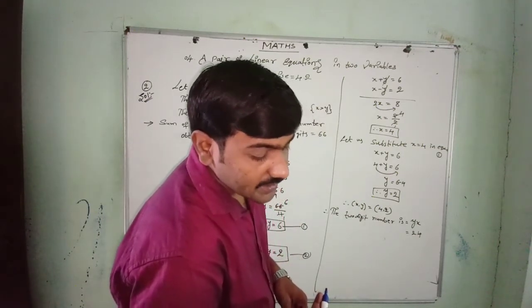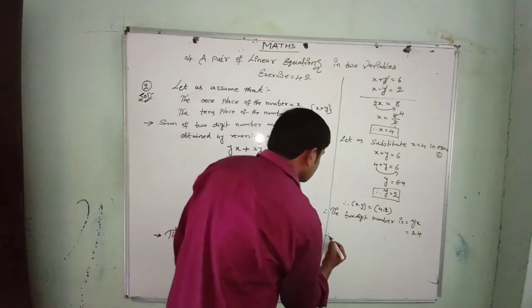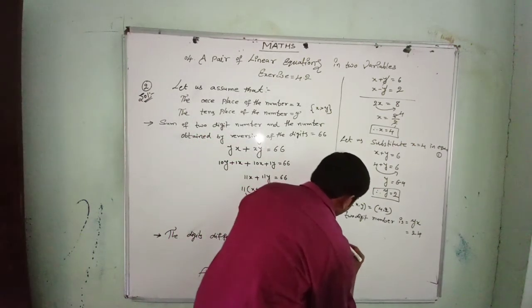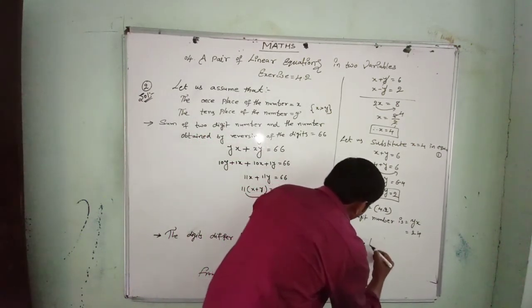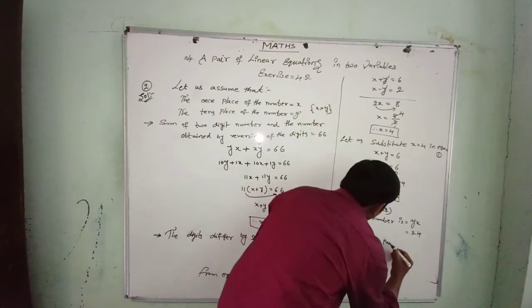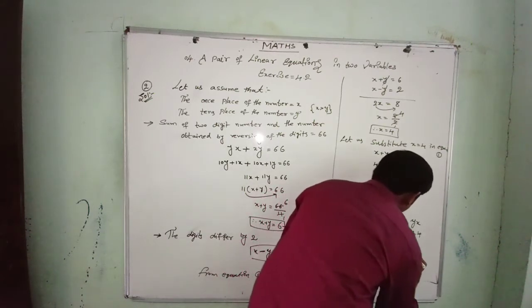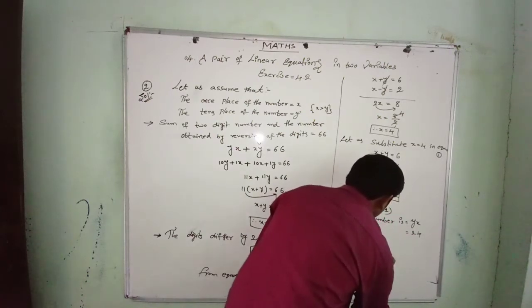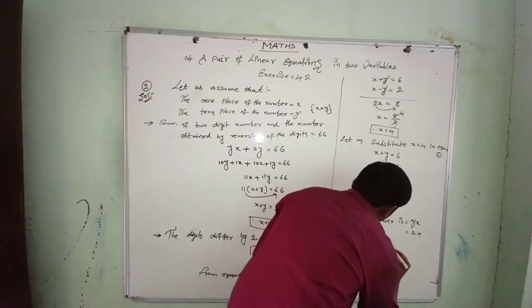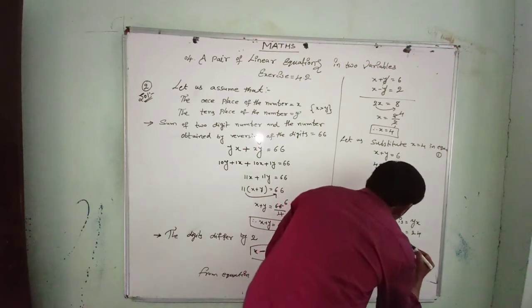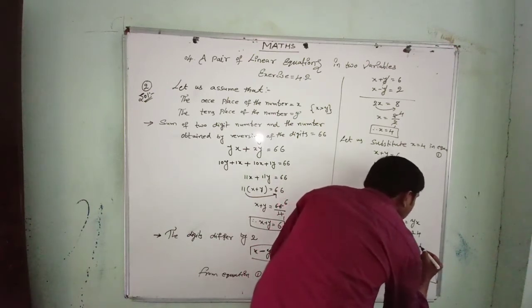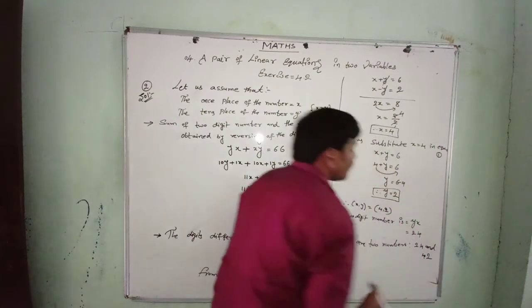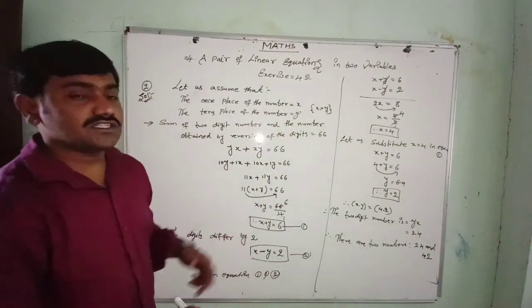How many such numbers are there? There are 2 numbers: 24, and the reversing of the digits is 42. 24 reversed is 42.